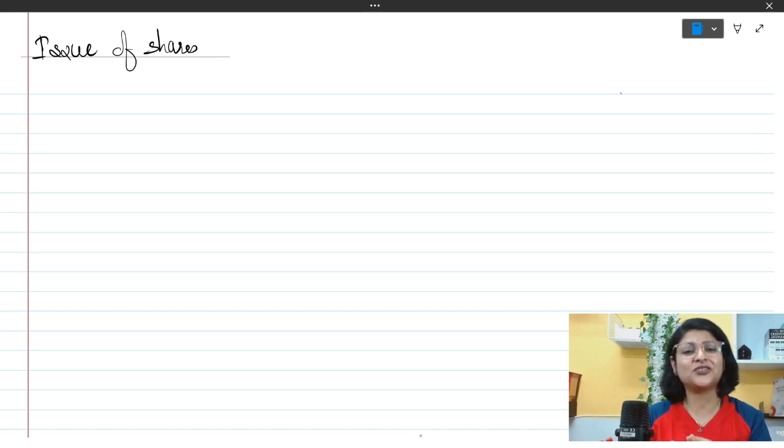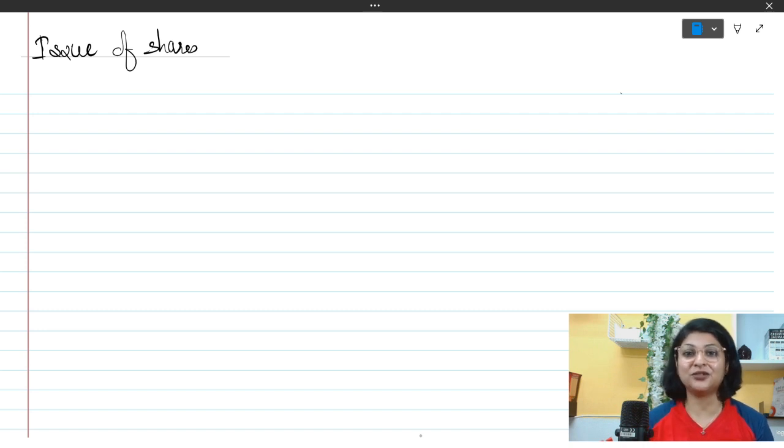This chapter is very interesting, and let me tell you, interesting and important both. It's a very good combination. For the ISC board, this chapter alone stands for 11 marks. Yes, you heard me right. CBSE has not given a separate marking for this, but altogether it is 24 marks for company accounts.